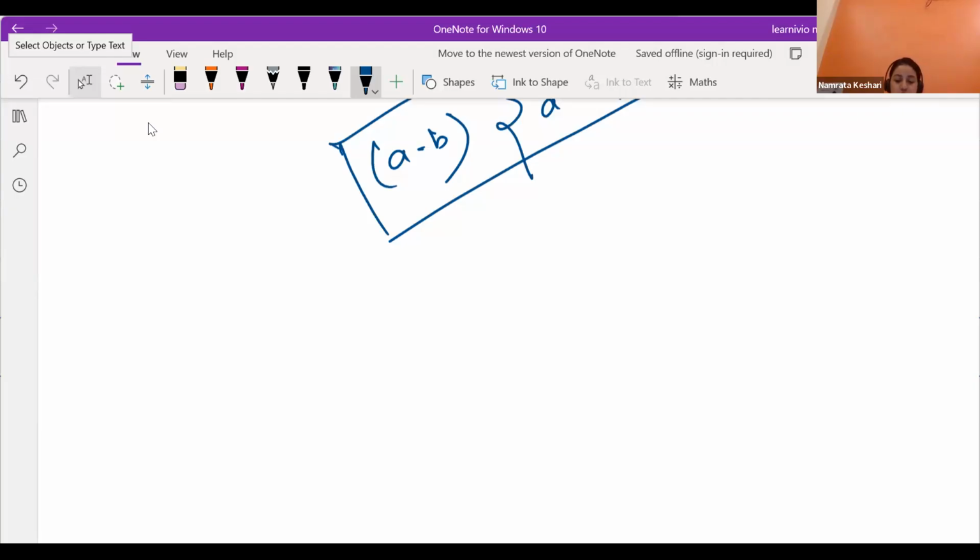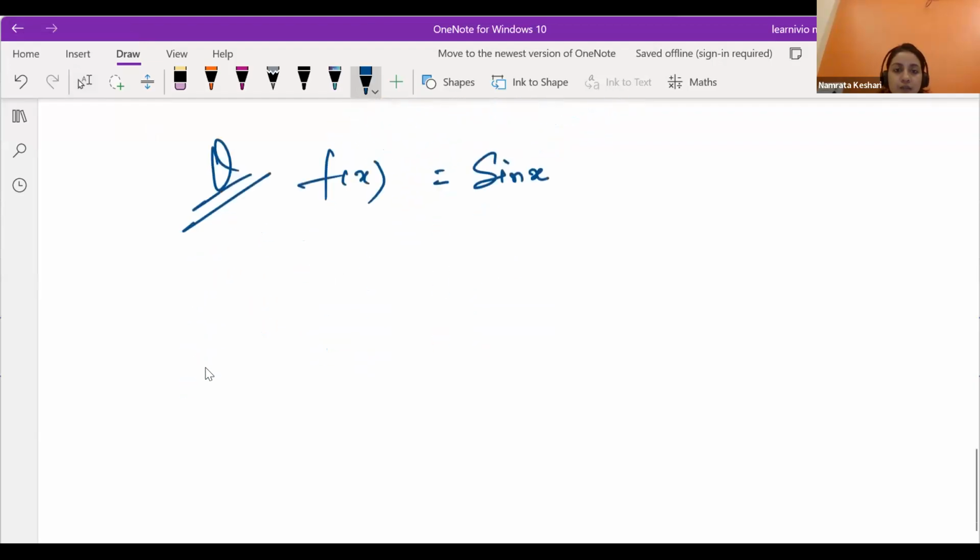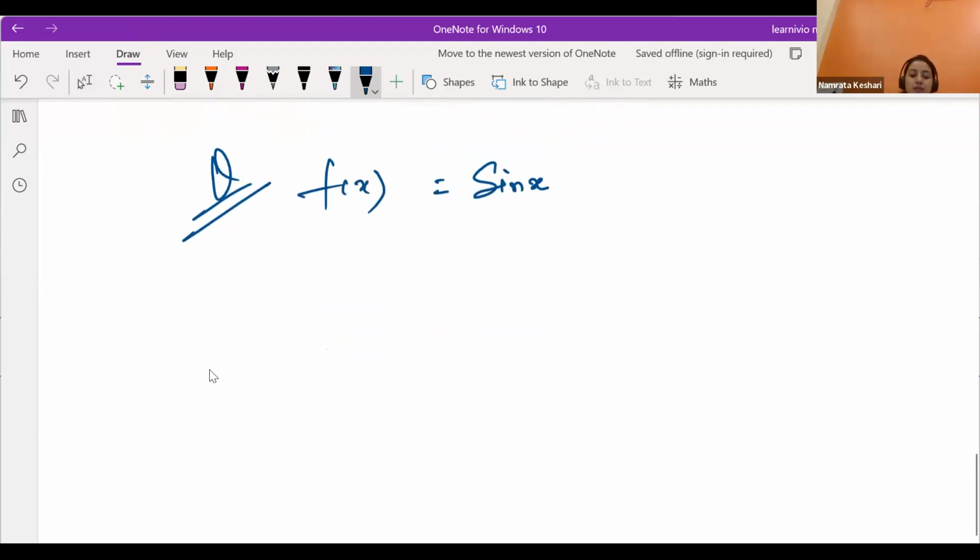If we are having the function f of x equals sin x, and if we have to check that when x equals pi by 2, what is the value of sine? Yes, what is the value?